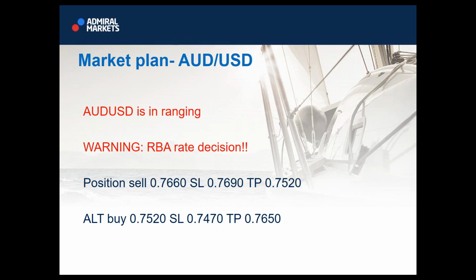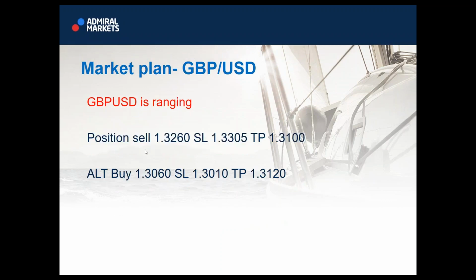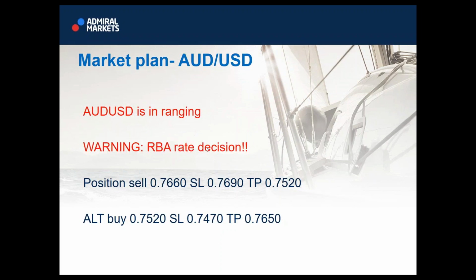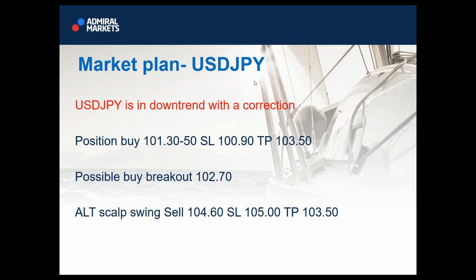Okay, so yeah, here is GBP dollar, and next is actually, I will roll the slides again. So dollar yen is in downtrend with a correction. For full analysis of dollar yen, I did it today.